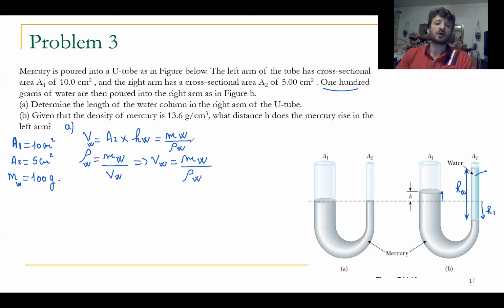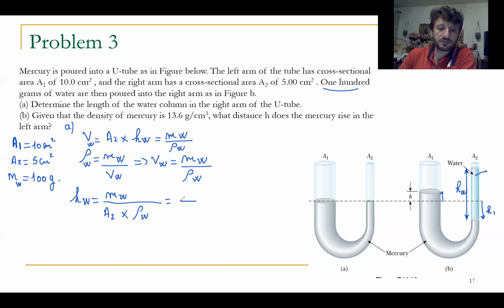So now I want to calculate H water equals m water divided by A2 times rho water.